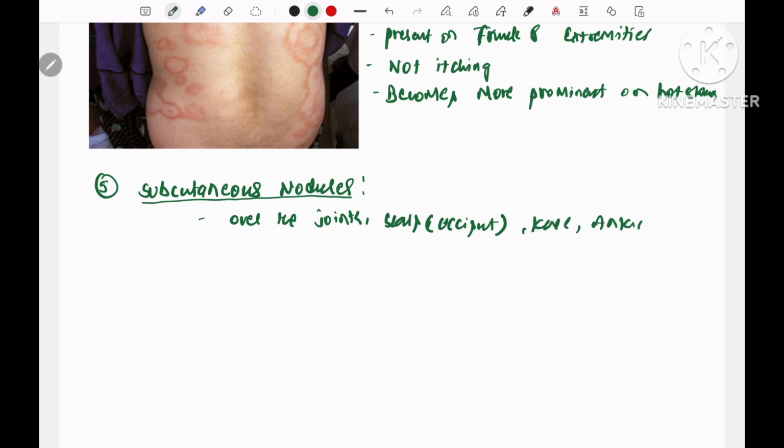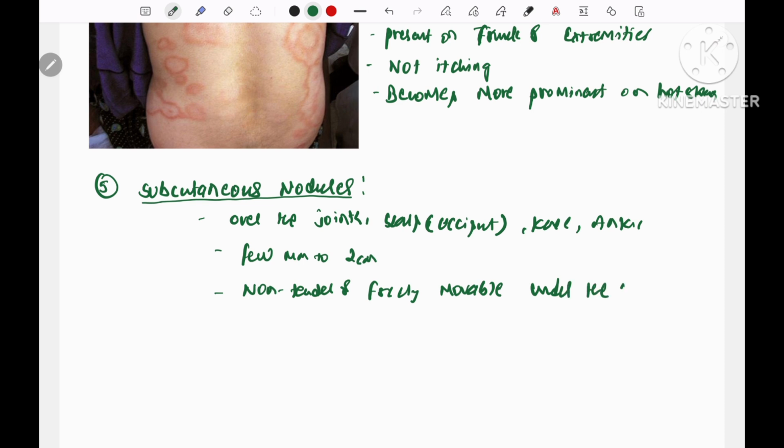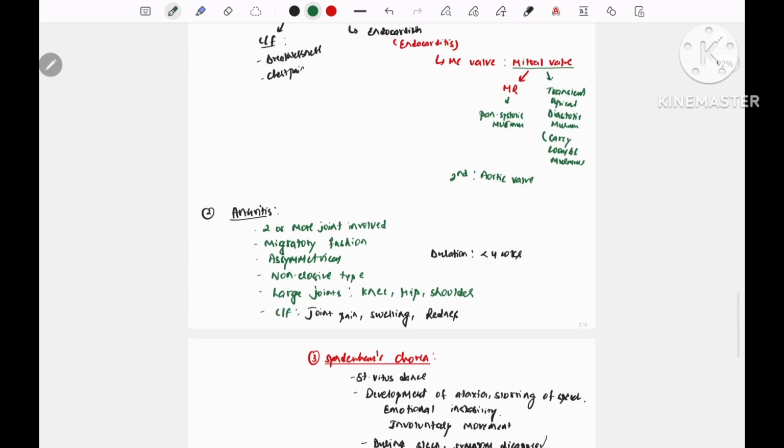They range from a few mm to 2 centimeters, and they are non-tender and freely movable under the skin. So these are the five major criteria which you have learned in detail.